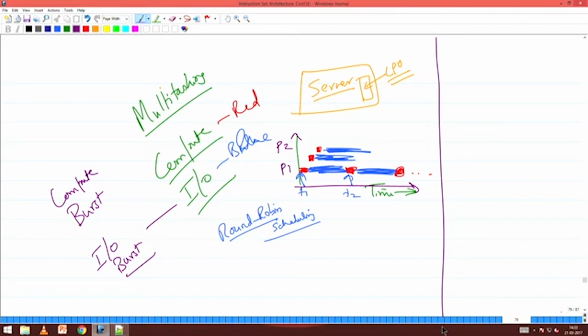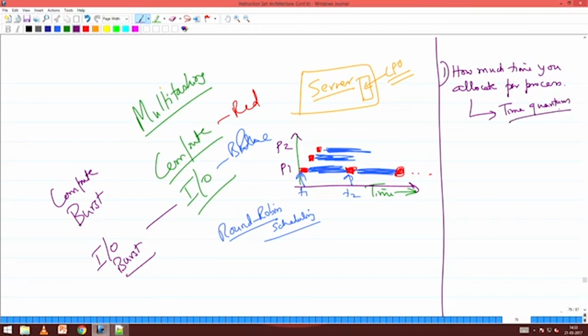How much time do we allocate for each? Very good question. How much time do you allocate per process? The answer will be given to you in the operating system course, but I should tell you, this is called the time quantum.